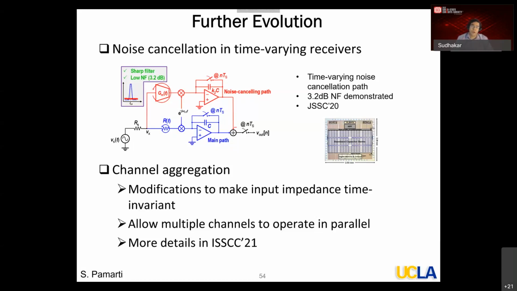So we set out to do channel aggregation, and we made some modifications that allow us to do it. I'm not going to describe this here, but we'll present more details at ISSCC 21, where we showed that we can get these very sharp filterings with channel aggregation.